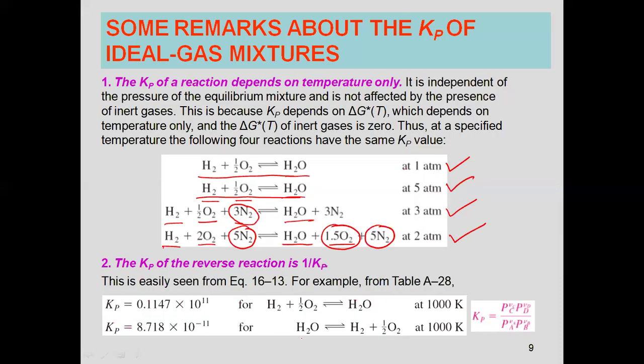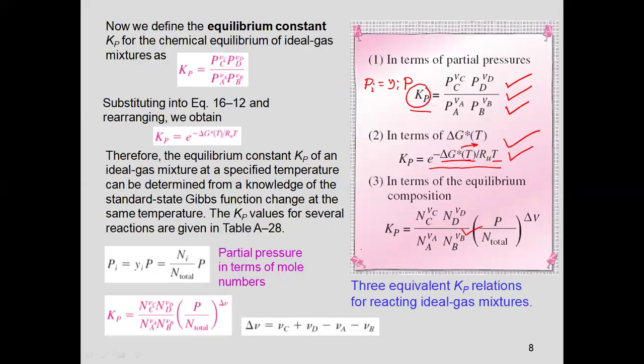Okay. Next. The Kp value of the reverse reaction is 1 by Kp. That is quite obvious, because you see that Kp depends on the ratio of the partial pressures raised to the power of the stoichiometric coefficients.